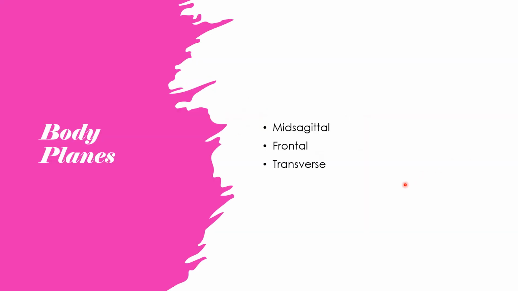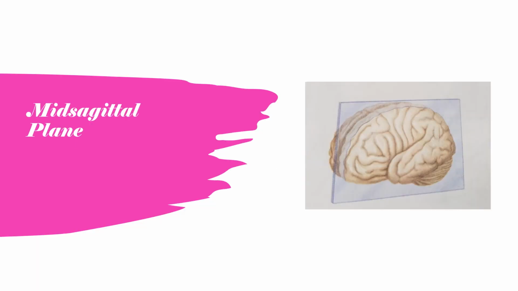Next, we're going to discuss the body planes. You have mid-sagittal, frontal, and transverse. These are the three different types of planes the body can be divided into. This picture here shows a brain divided into a mid-sagittal plane, which runs longitudinally across the section of the body we're dividing, and divides it into two equal halves.